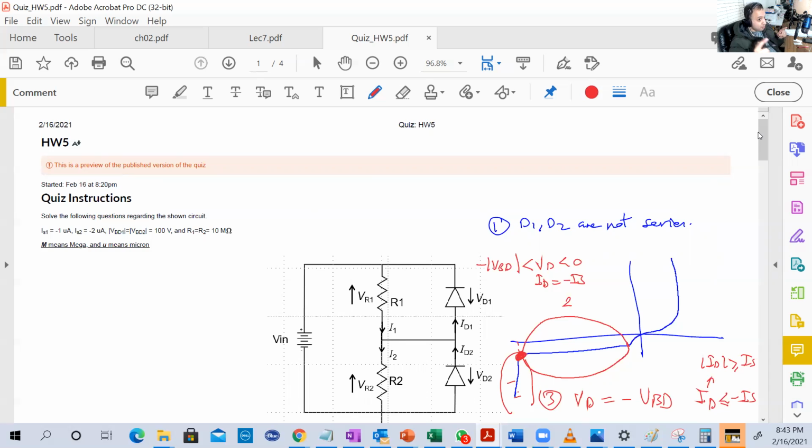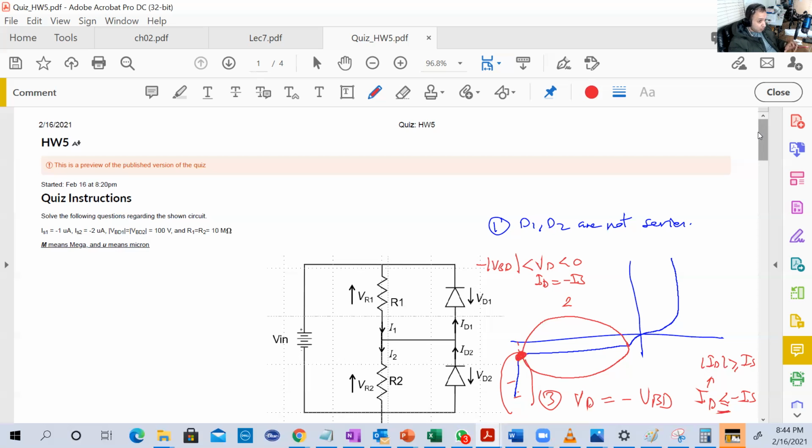Again, this is a transition point. It belongs to the breakdown in which the current exceeds IS, but it starts from IS. Okay? And at the same time, it also belongs to region 2. So at that point, the current is still IS. That's why I put here greater than or equal, because it will be equal at the transition point.